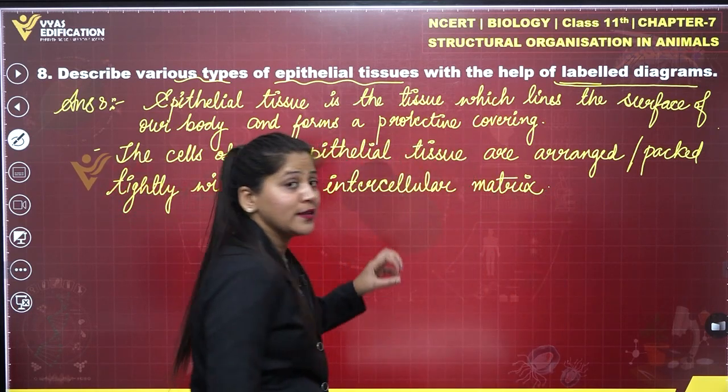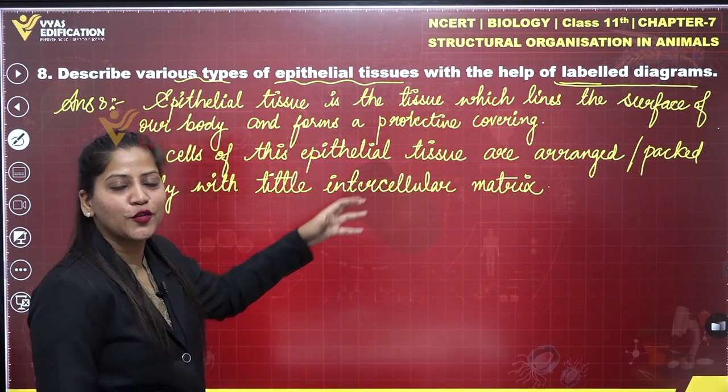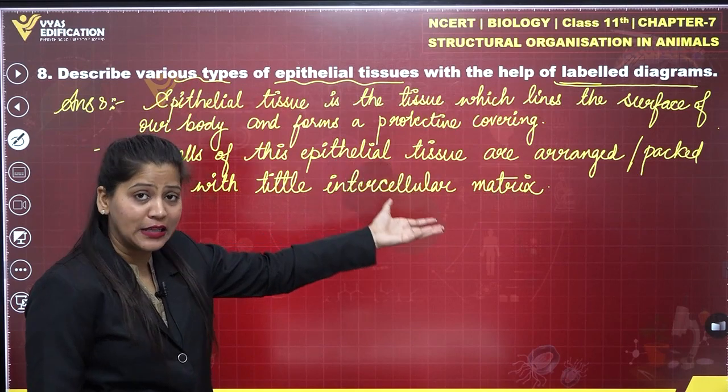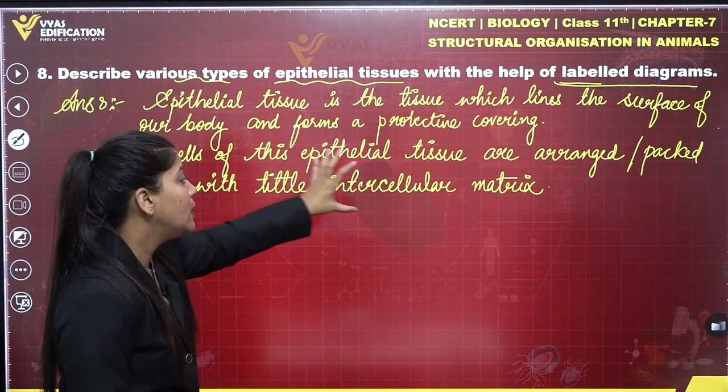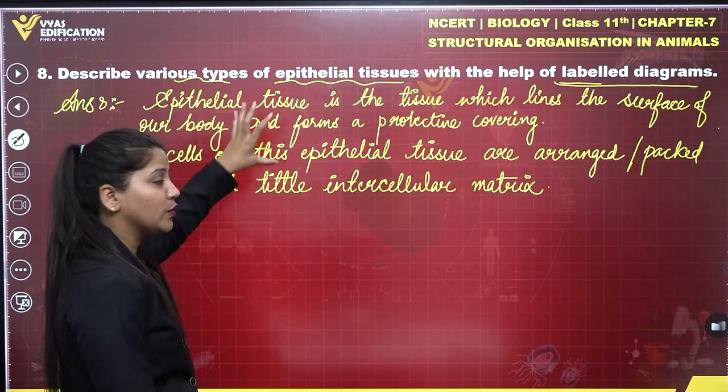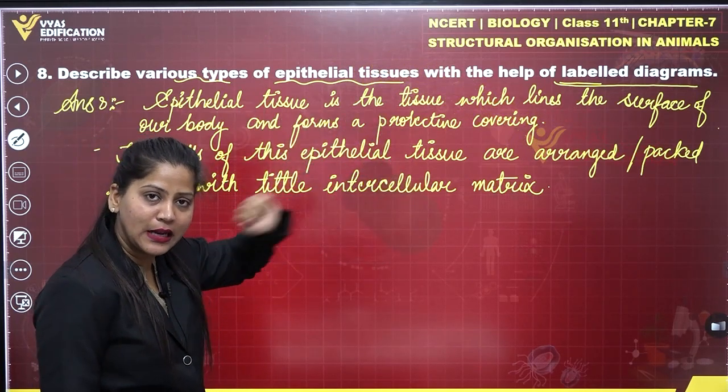So the cells of epithelial tissue are packed tightly with little intercellular matrix. This is the basic definition of epithelial tissue.